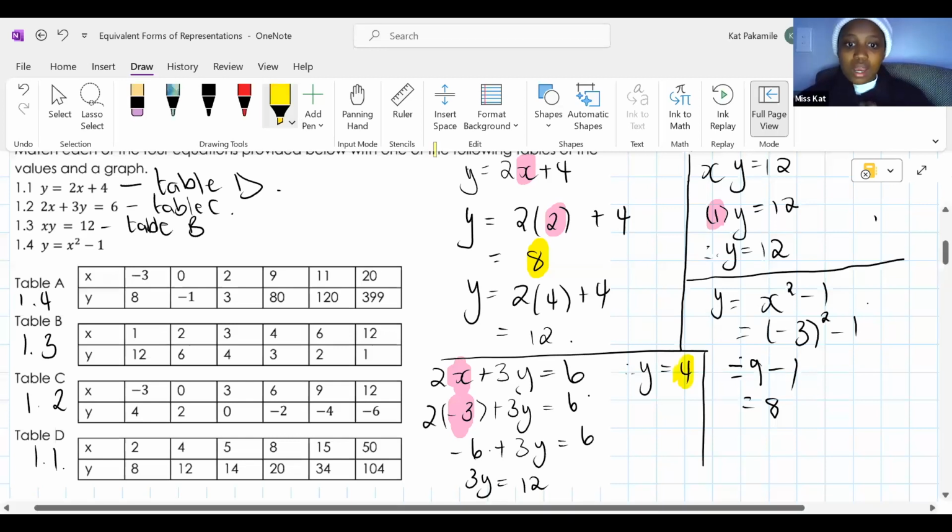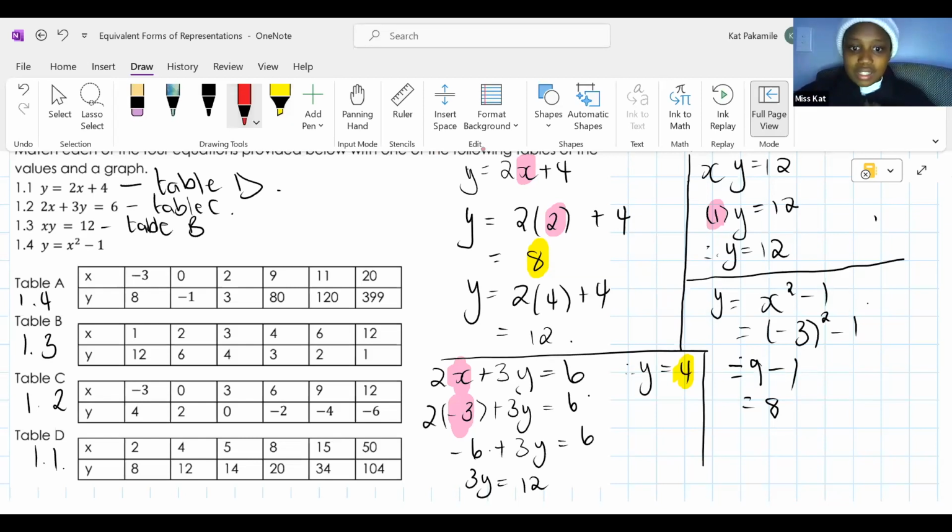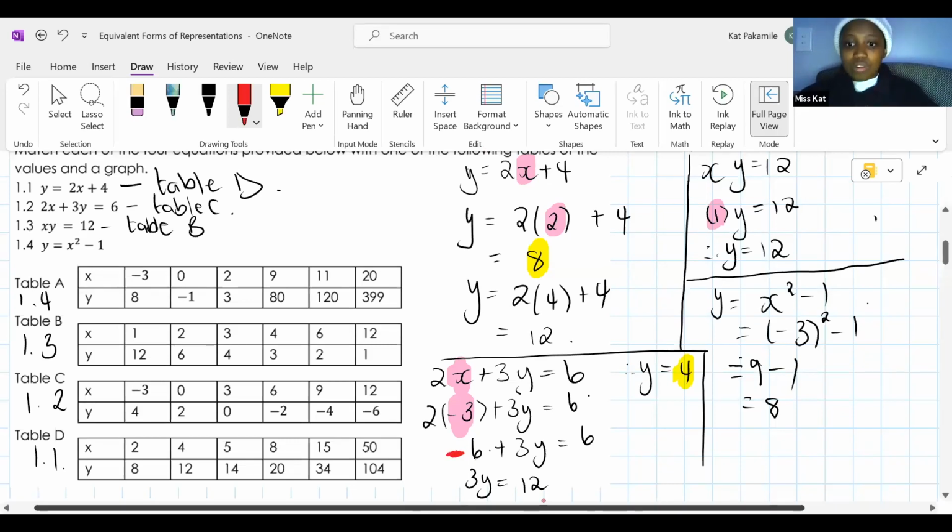Because 2x means 2 times x, 2 times -3 is -6, plus 3y equals 6. We transposed the -6, as was nicely explained, and it became a positive: 6 plus 6. That's where we get that 12.